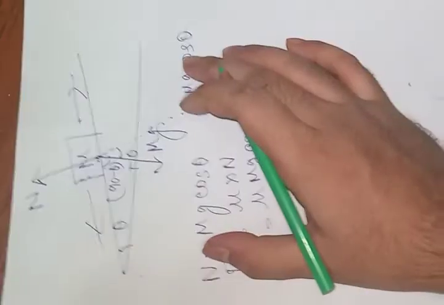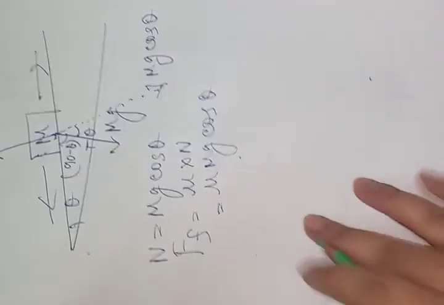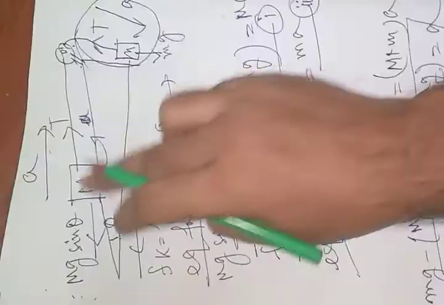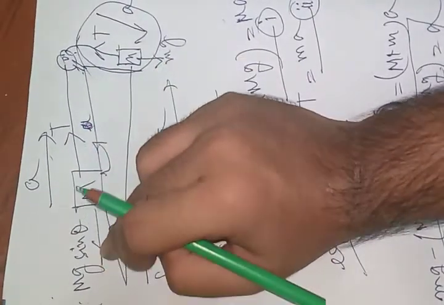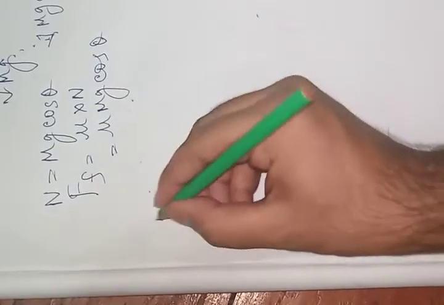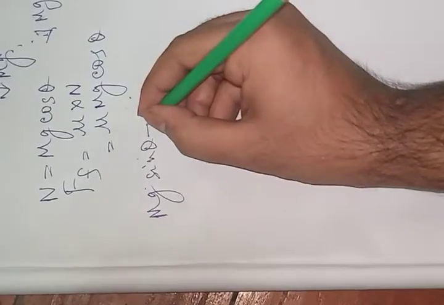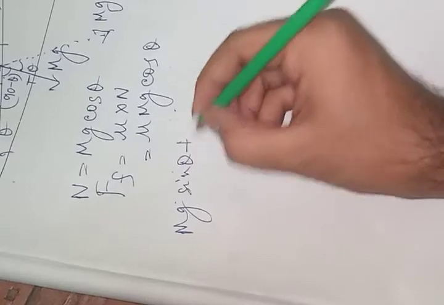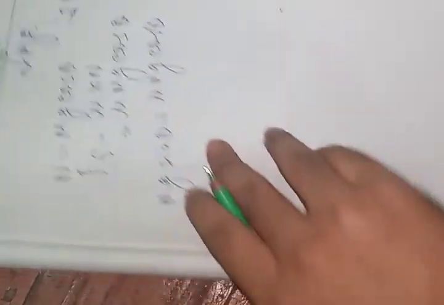So our equations become like this: if this is going down, mg sine theta minus mu mg cos theta, or mg sine theta plus mu mg cos theta.